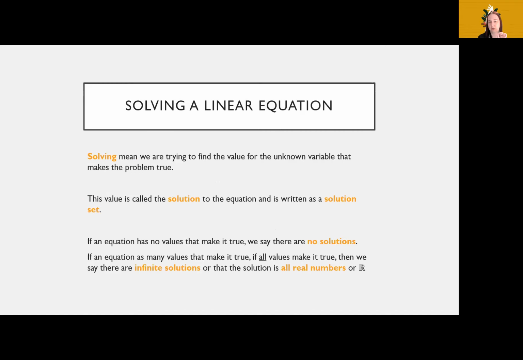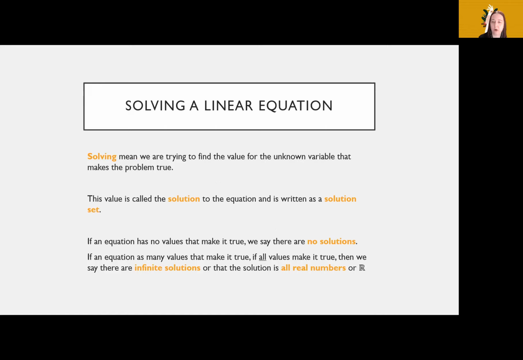So when we are solving, that specifically means we're trying to find the value for the variable, the number that makes the equation true. So this is called the solution. And we write this as a solution set.